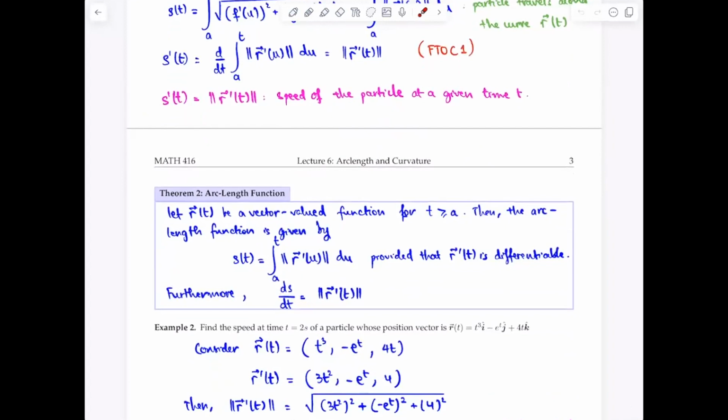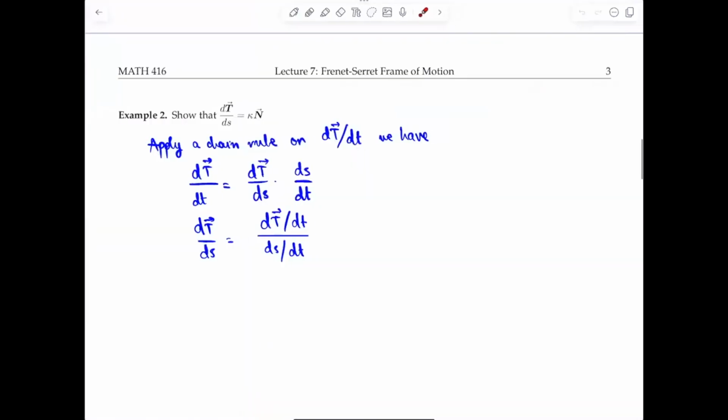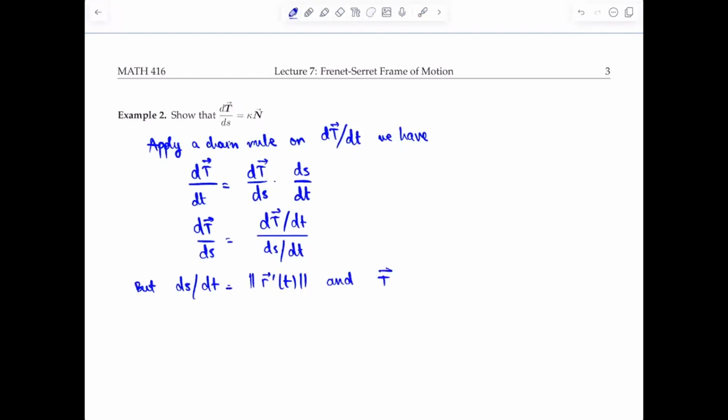All right. So we're going to use this formula for our derivations. We have that ds/dt equals the magnitude of r prime of t, and we let T prime of t equal capital dT/dt.